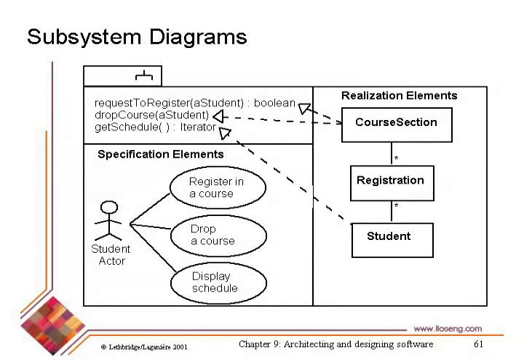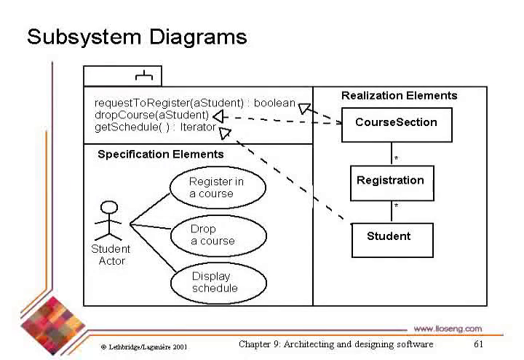I have my specification on the left, a list of methods in the API first, and then below that a use case diagram, so showing how this subsystem will be used. And on the right I have aspects of the realization or implementation of that, the class diagram, perhaps a state diagram, and so on. Okay?